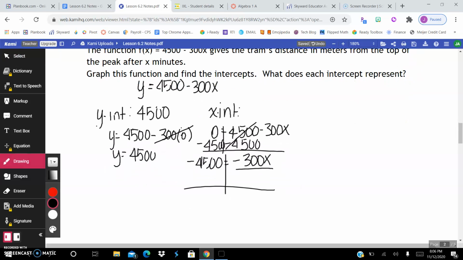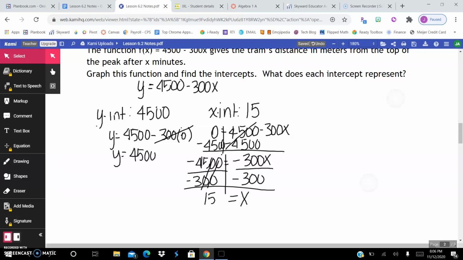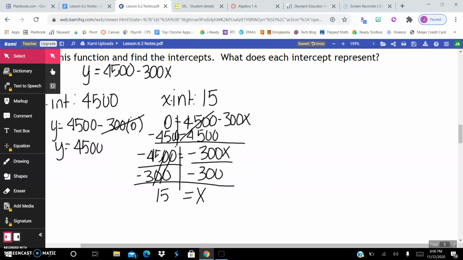And then we're going to have to divide by negative 300. So x on this side. A negative divided by a negative is a positive, and 45 divided by 3, because our zeros could cancel out, 45 divided by 3 would be 15. So our x-intercept is 15. And now we have to use those to graph.